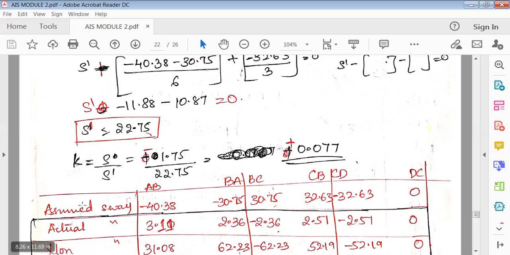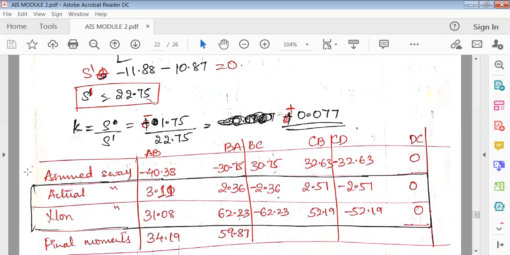Now this is the factor. The assumed sway analysis is what you have got here, 40.38. Follow this table like this only. Ultimately, what we're going to do is actual sway plus non-sway, which gives us the final moments. So assumed sway is 40.38, and 30.75, we have used this. Write this here. Actual sway is K into assumed sway.